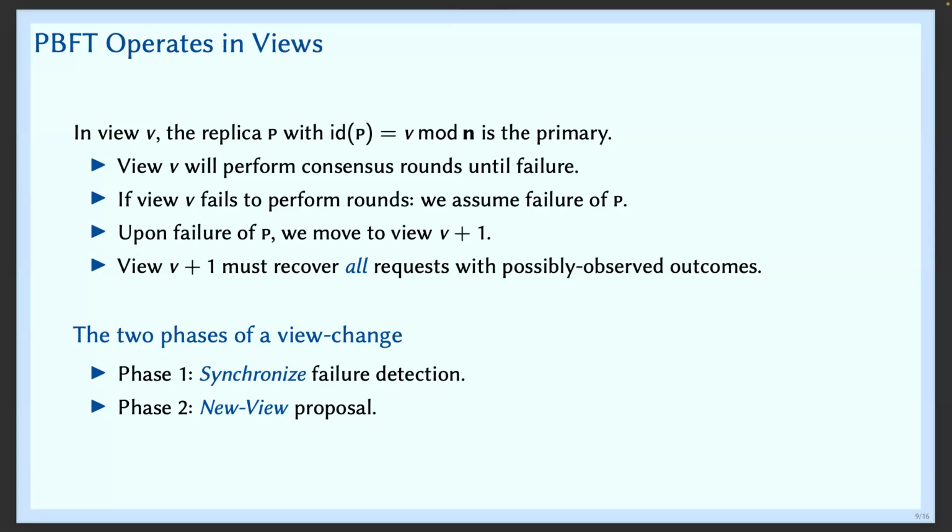Now everybody can validate whether the primary came to the right conclusion of what needs to be preserved. If the primary's decision was incorrect, nobody will vote for it. Nobody will accept this new view. But if the primary's proposed view is reasonable, makes sense, and isn't dropping anything that should have been there, then things will move forward.